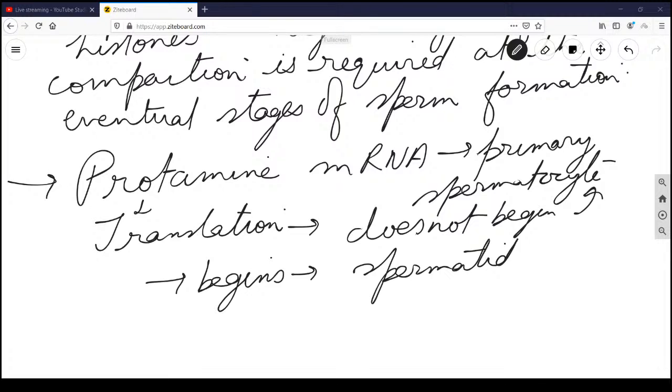Why so? Because if protamine mRNAs are translated before the spermatid stage, the chromosomes will condense prematurely and sterile sperms can be produced. That is the reason, because everything has a reason.